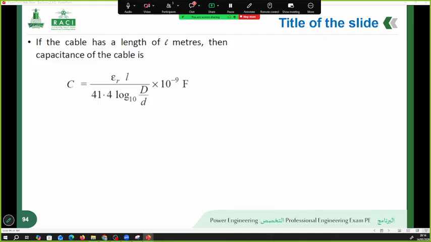The capacitance is a function of the cable's geometry and the permittivity of the insulating material, epsilon R. The final formula for a cable with length L is given by C is equal to this equation, where capital D and small d are the outer and inner diameters respectively. This relationship helps you calculate the charging current and analyze the overall electrical behavior of power systems.